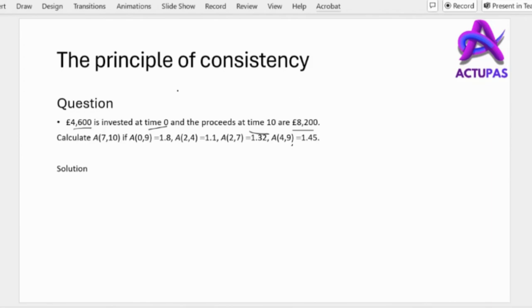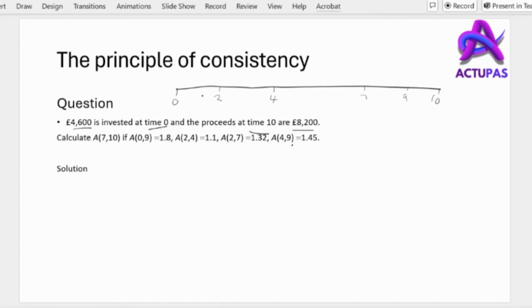Let me just do it on top here so that we have adequate space for the calculation. We start at 0. From here, the times that we have are time 2, then the next one is 4, then we have 7, 9, and 10.